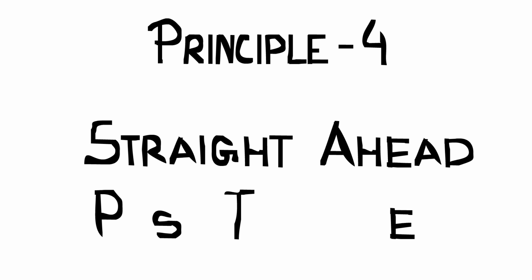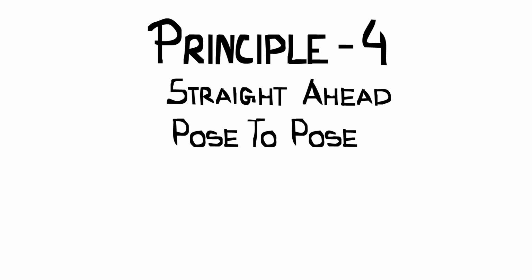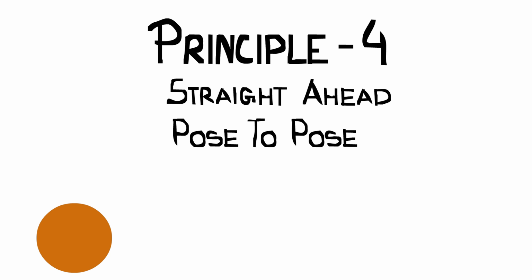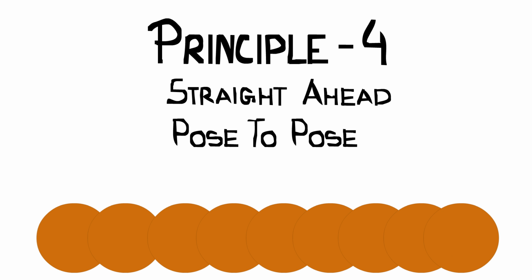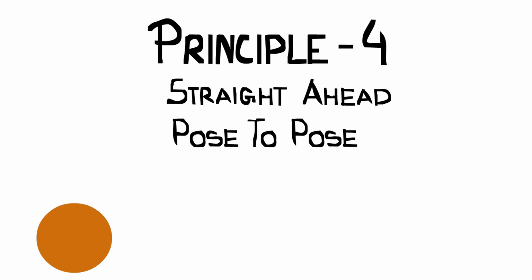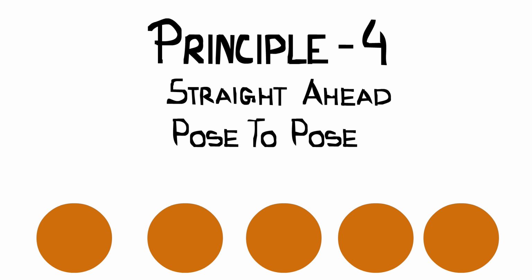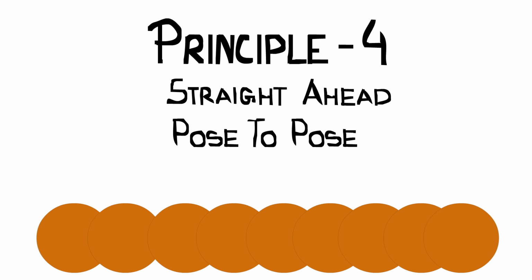Number 4. Straight ahead and pose to pose. When you make an animation, you have to draw a couple of images to make the movement of your object. So, straight ahead is where you draw the first pose, then second, and then third, and so on. But pose to pose is where you draw the first pose and last pose first, then come back to the middle pose, and then their middles, and then their middles, and so on.